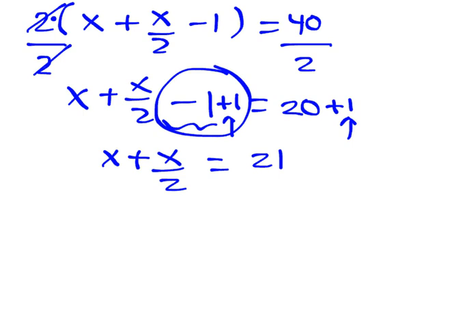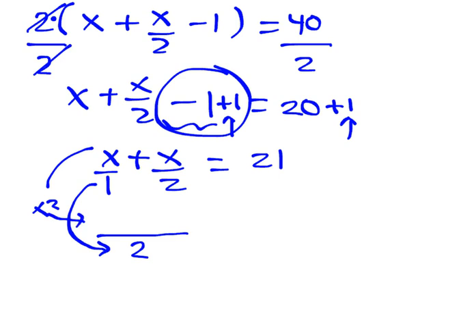Now, do you remember how to add fractions? This x is over 1, and I have something over 2. So I need to put them on a common denominator. My common denominator here is 2. How do I go from 1 to 2? I need to times by 2. If I times by 2, I do x times 2, and that gives me 2x.